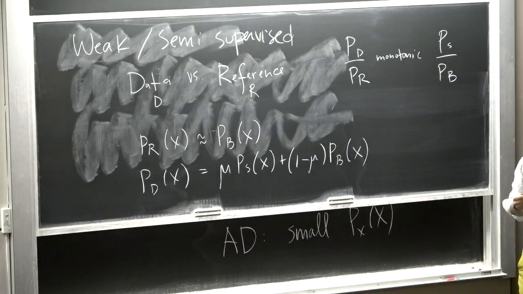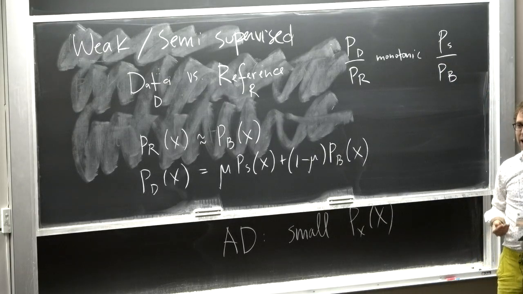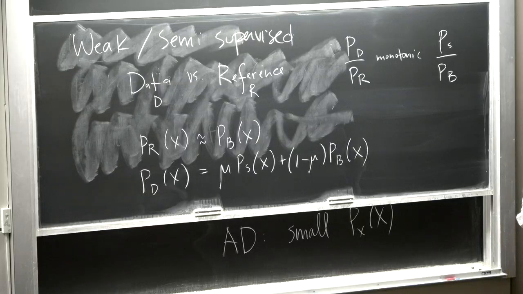That is a very powerful setting because I don't have to specify the signal. If I have a reference, which is the background, then training a classifier to distinguish the data from the background will automatically mean anything different between the data and the reference will be a signal. So the name of the game here is how do I get the reference? And I'm going to spend most of the time talking about that.